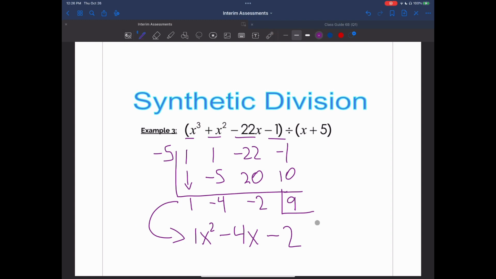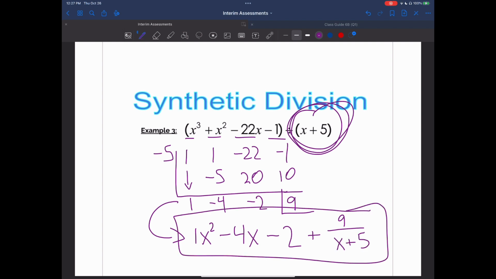So the way we would write it in the end, and I don't think they're going to ask you to do this on your test, but I do think they're going to ask you to know what it means if you have a remainder, and it means this is not a factor, okay? But just to show you, to write a remainder, just put plus and write the remainder over the thing that you're dividing by. So 9 over x plus 5, just like that. Kind of weird looking, but that's how you would write it.